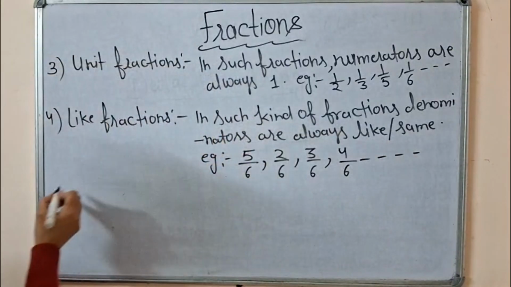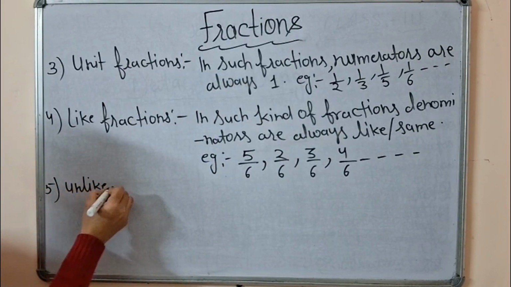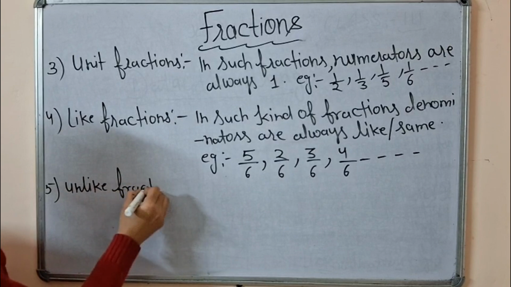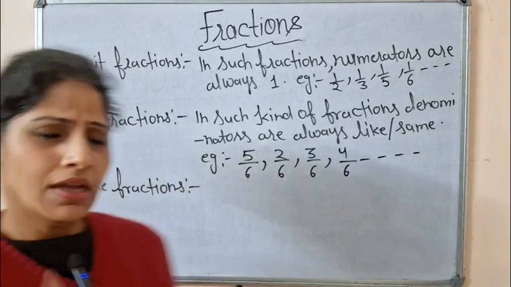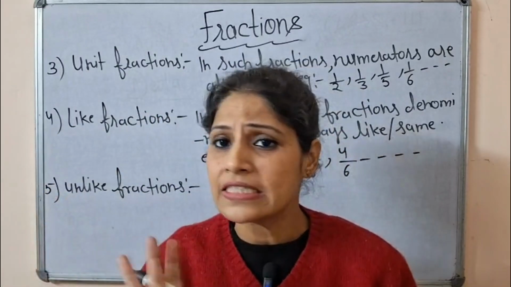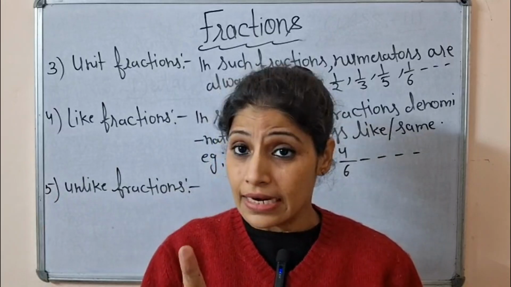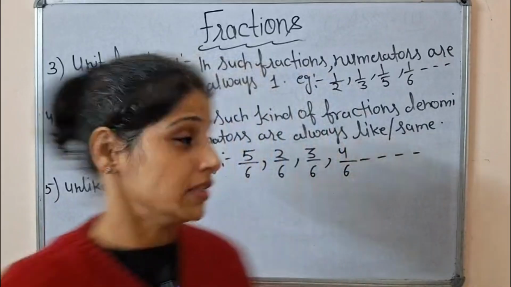Then we have unlike fractions. Now what is an unlike fraction? Like, same denominators. Unlike, not same. Different. What is different? Denominators.